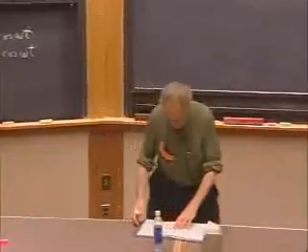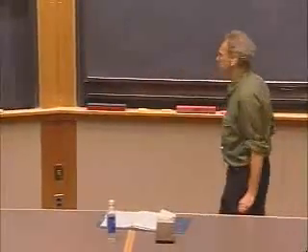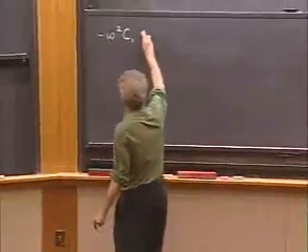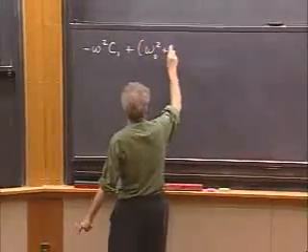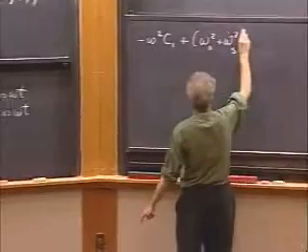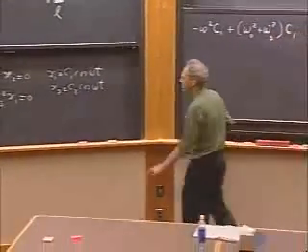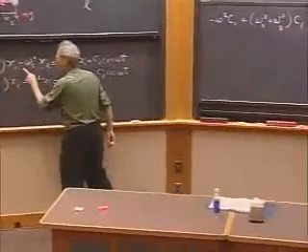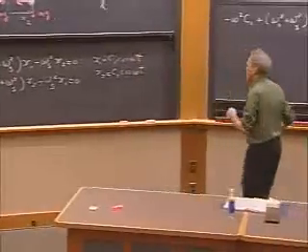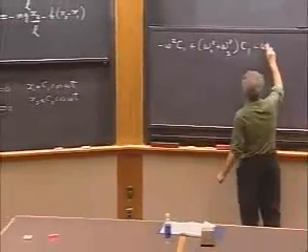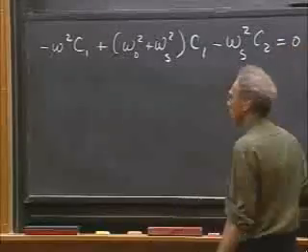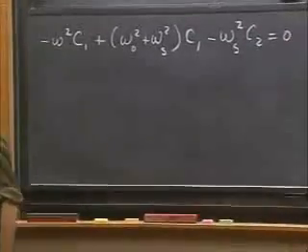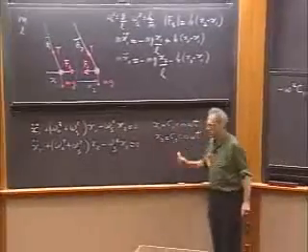So I get minus omega squared c1. Then I get plus omega 0 squared plus omega s squared times c1, that is this term, minus omega s squared times c2 equals 0. Because remember, x2 has the c2.